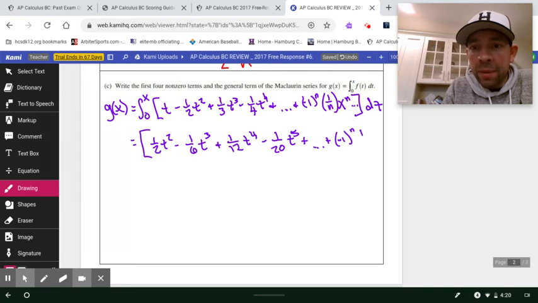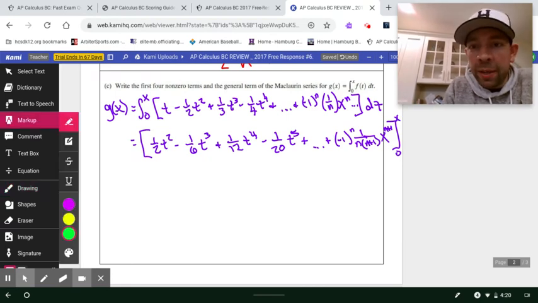I'm going to get 1 over n times the quantity n plus 1 as the new coefficient, t to the n plus 1. All I did right there is integrate. I'm always adding 1 to that exponent. That's how I got n plus 1. And then I'm dividing that term by the new exponent, and that's why you see an n plus 1 in the denominator.